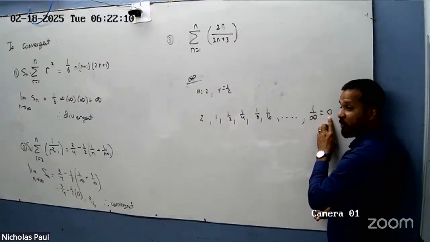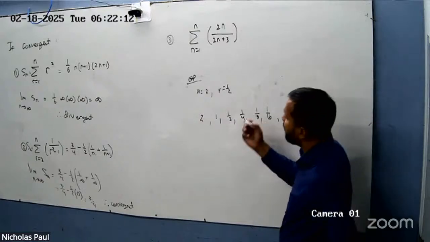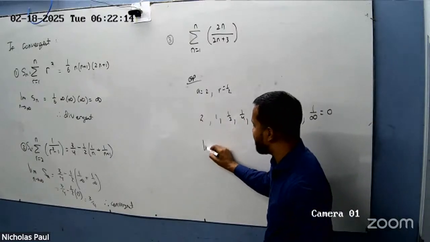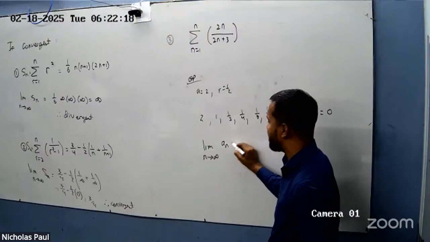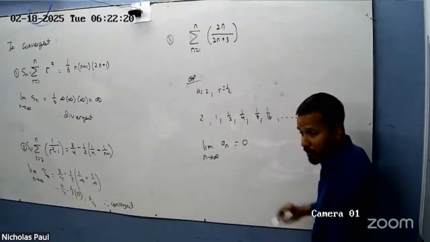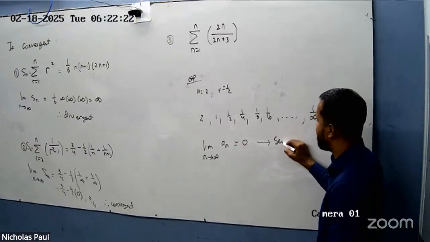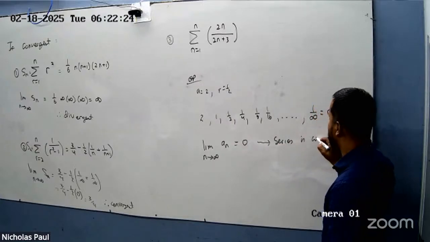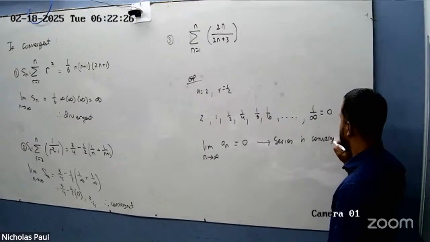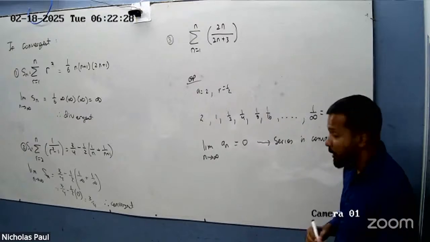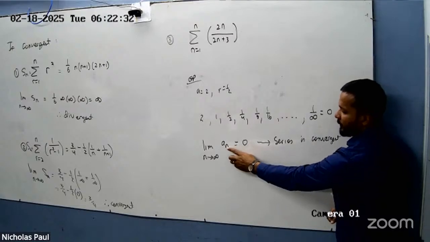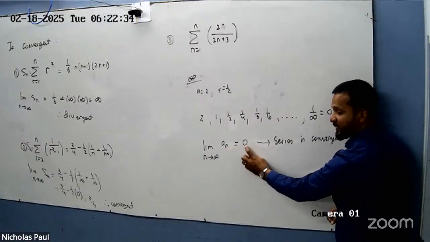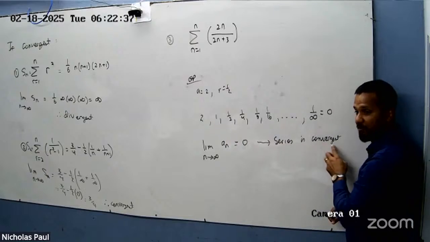It approaches 0, right? So, can we use something like this? The limit as n approaches infinity of the sequence equal to 0 implies the series is convergent. So if we could show that the sequence tends to 0, then the series is convergent.